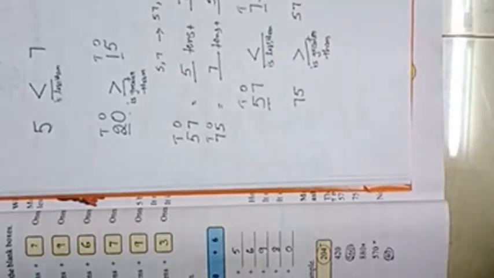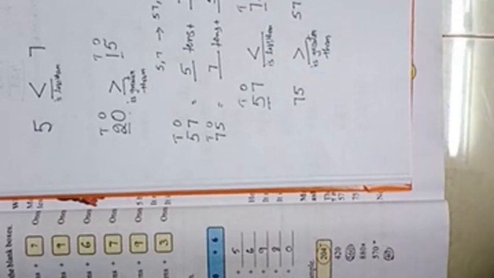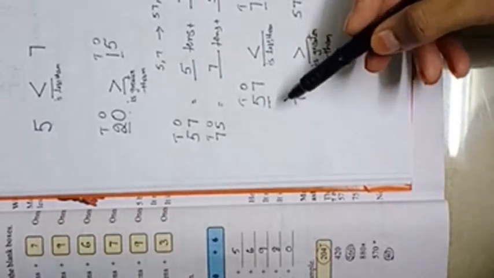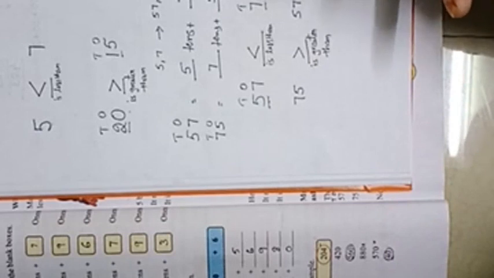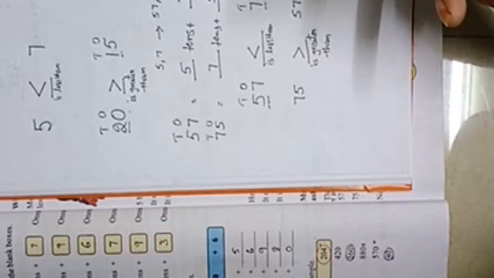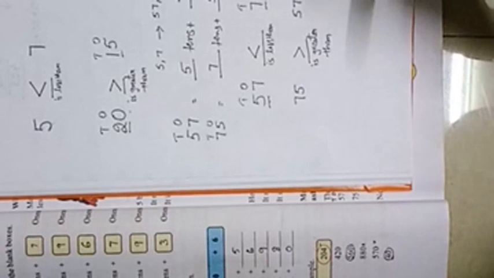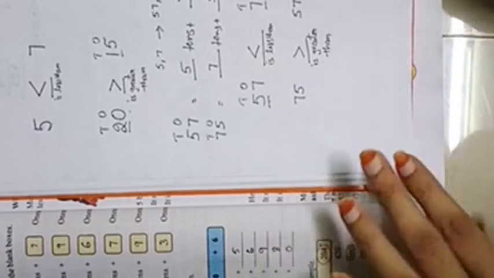Both are correct answers. So you have to observe the tens place number carefully, children. Whichever side has the bigger number, that side you open the mouth of the crocodile. You have to put the greater than or less than symbol carefully.